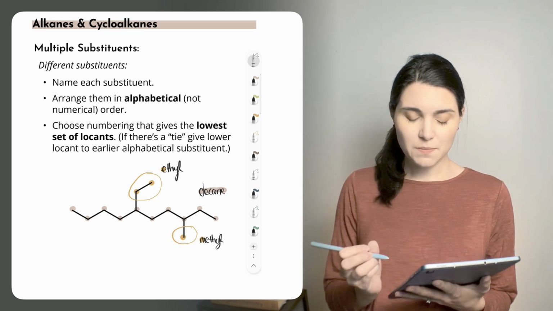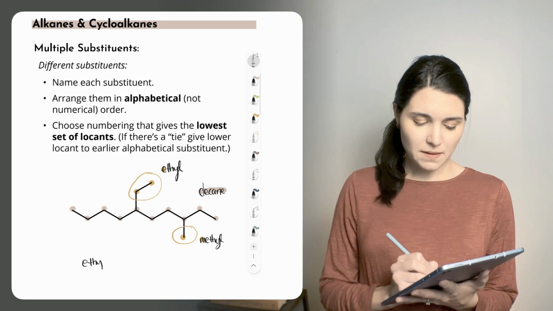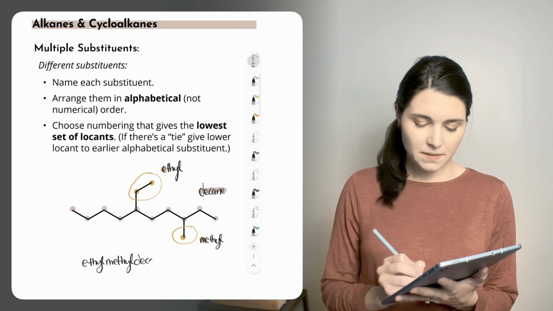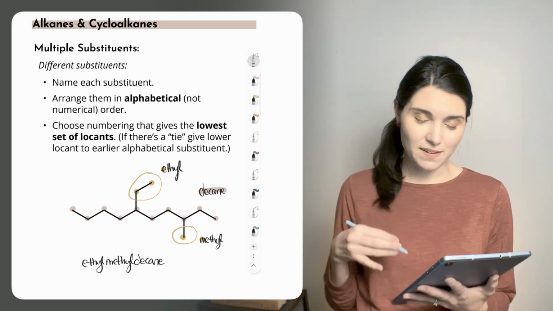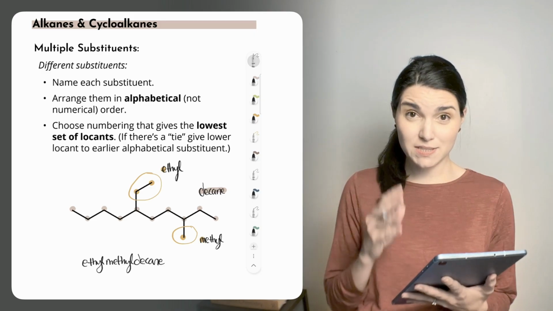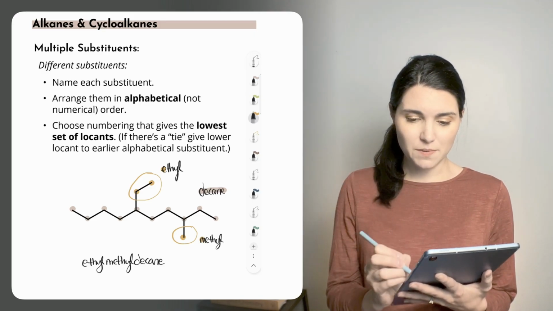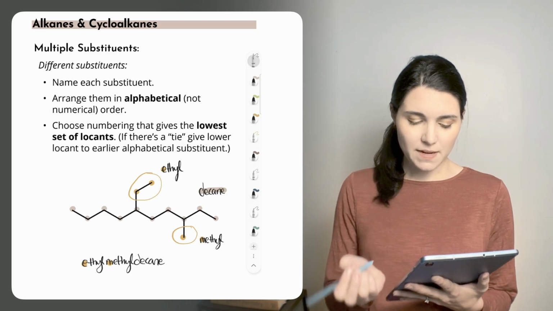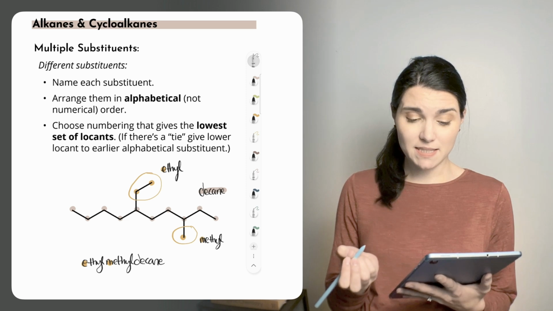So when we put this molecule together, it will be an ethyl methyl decane. And I'm just going to write it like that, even though we haven't added the locants in yet. That'll just remind me exactly what order we're going to connect those parts of the word in. So E before M.